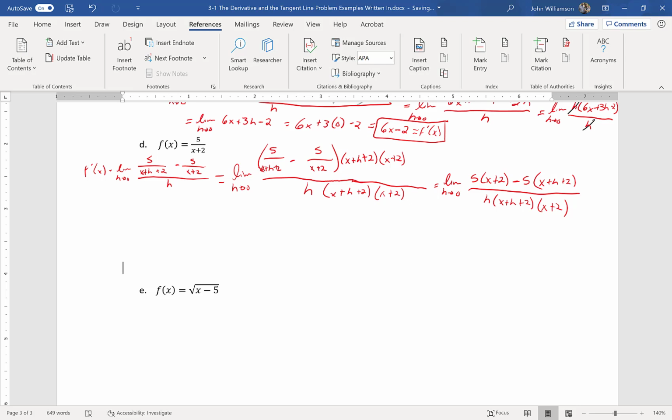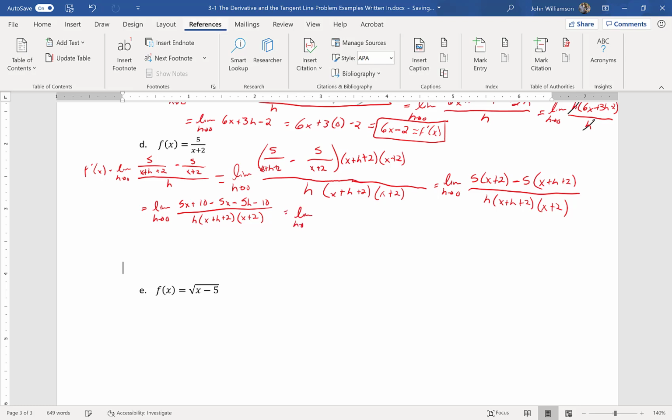For the time being, I'm not going to multiply the denominator out. I am going to clean up the numerator, though. You've seen me use this trick before, so this becomes the limit as h is approaching 0 of 5x plus 10 minus 5x minus 5h minus 10 all over h times x plus h plus 2 times x plus 2.